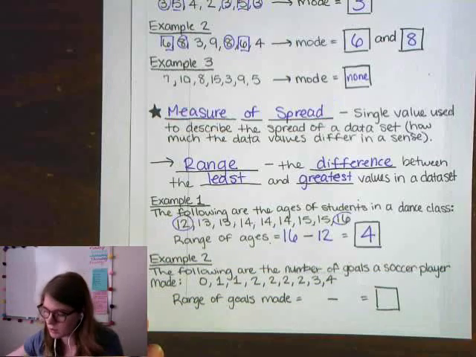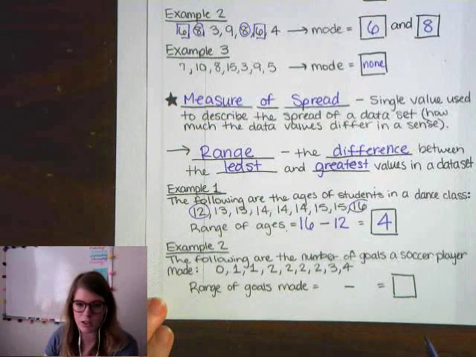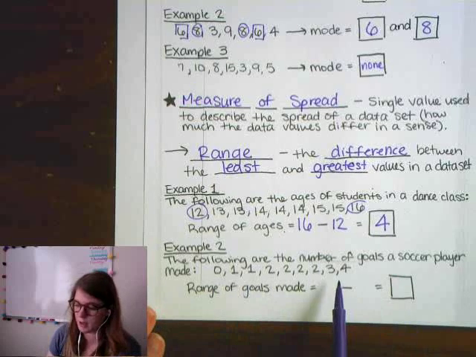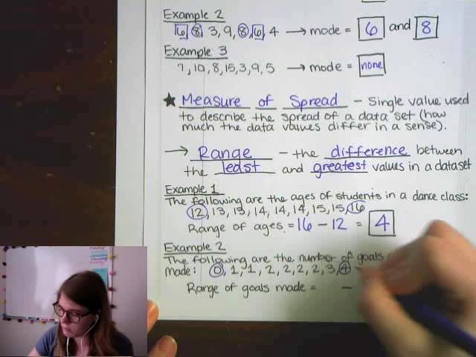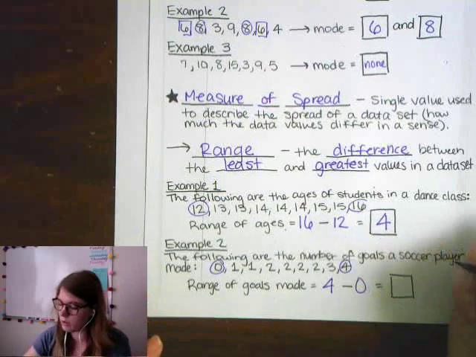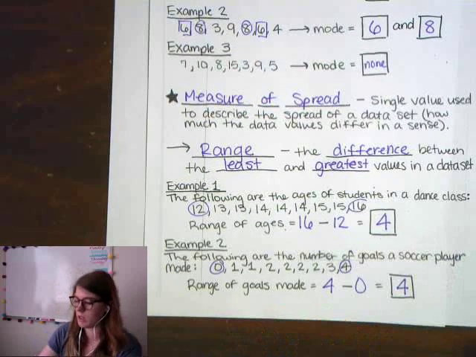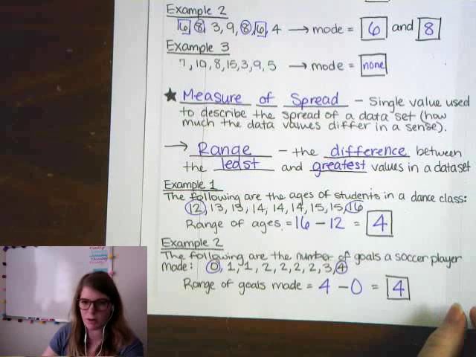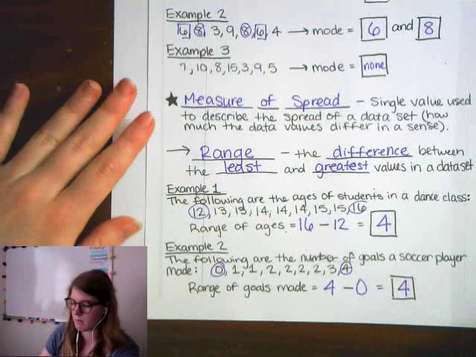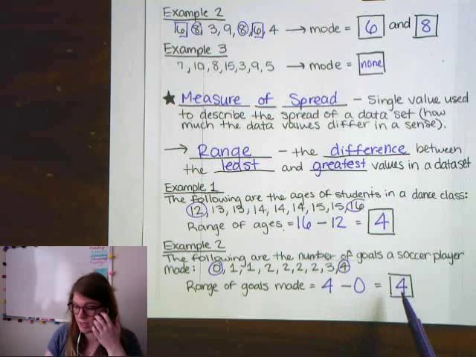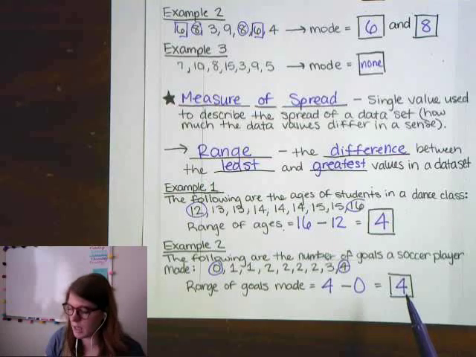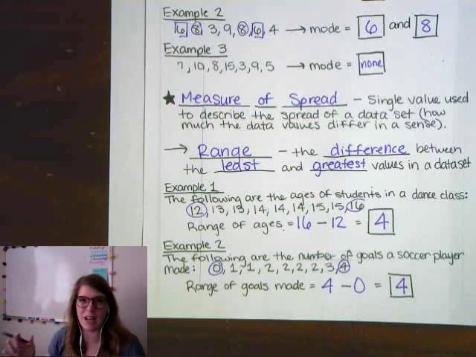Another example, the following are the number of goals a soccer player made. So again, I went ahead and put those in order from least to greatest. So 0 is the least, 4 is the greatest, 4 minus 0. This range is also going to be 4. And I feel like in soccer, maybe that's a big range of number of goals that you can make in a game. I don't really know soccer that well, but again, this could be helpful, right? If somebody's range is like 10, that means they're kind of inconsistent, right?